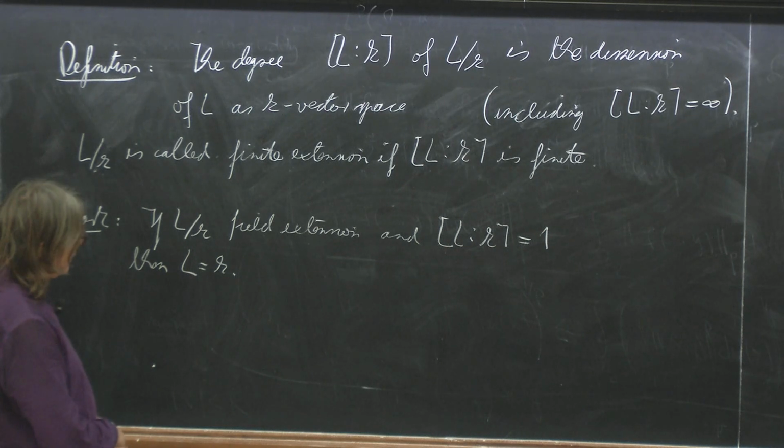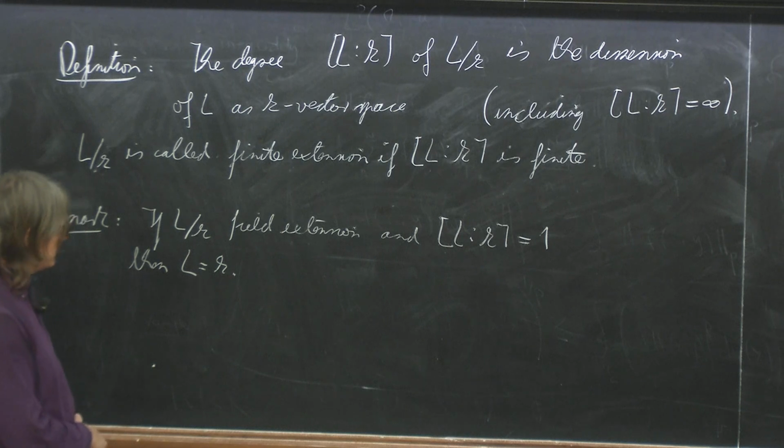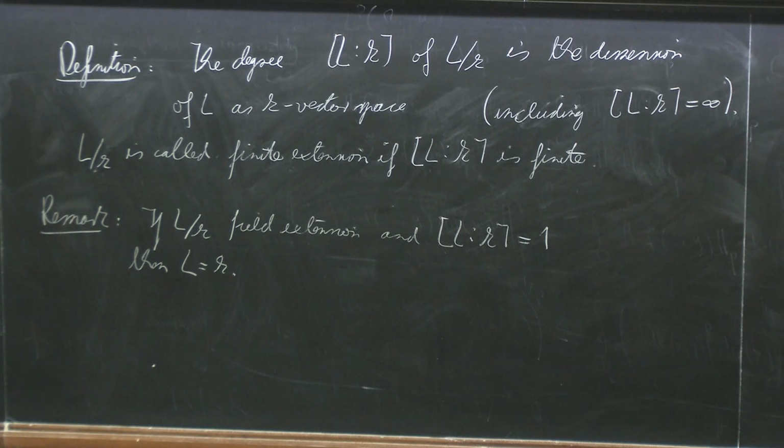For instance, the element 1 in K will be a basis as a K-vector space. And so then it's just K.